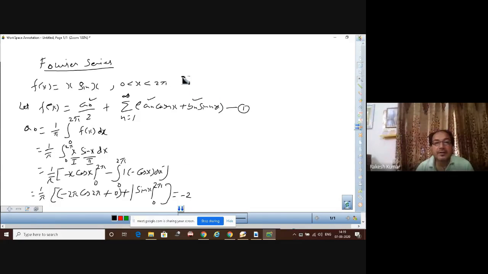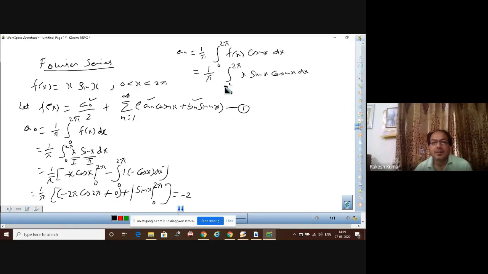Now we can also find the value of the second Euler constant, that is an equals 1 upon pi integral from 0 to 2 pi of f of x into cos of nx dx, which is 1 upon pi integral from 0 to 2 pi of x sine x into cos of nx dx.